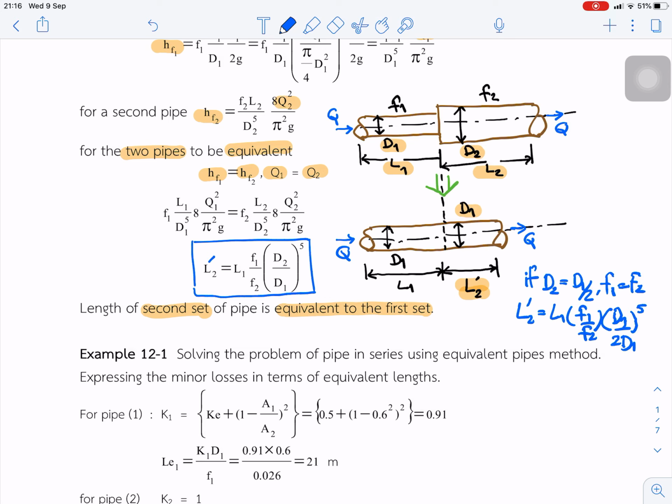Based on this equation, L2 prime is equal to 0.031 L1, just 3% of the L1.